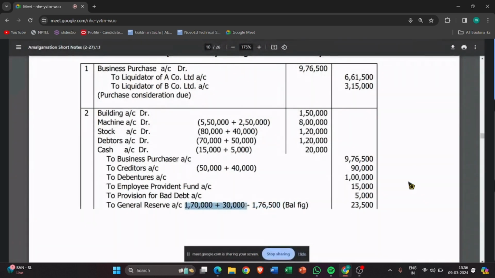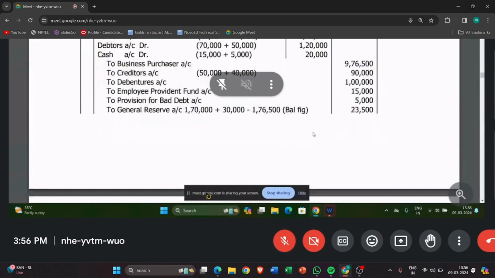So deduct it from your general reserve if it's a negative figure, add it to your general reserve if it's a positive figure. Because you have paid extra, you will write only the net amount after making these changes. 23,500 is what you will get to general reserve as the balancing figure.